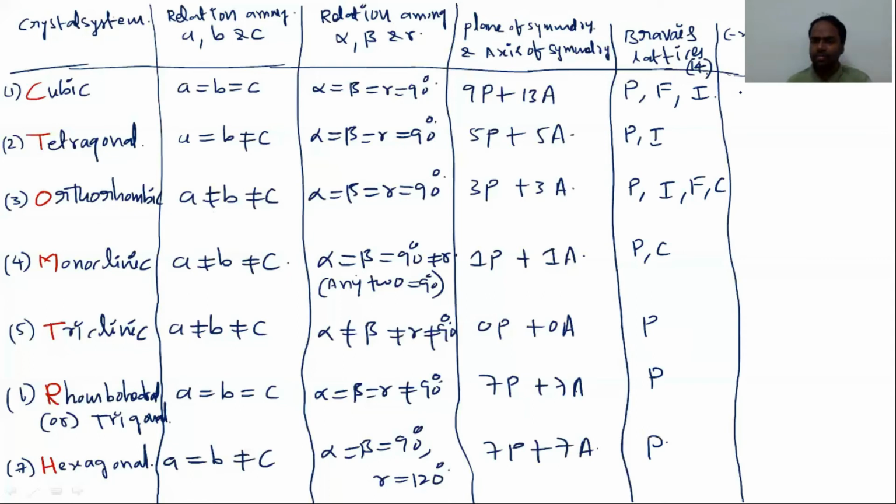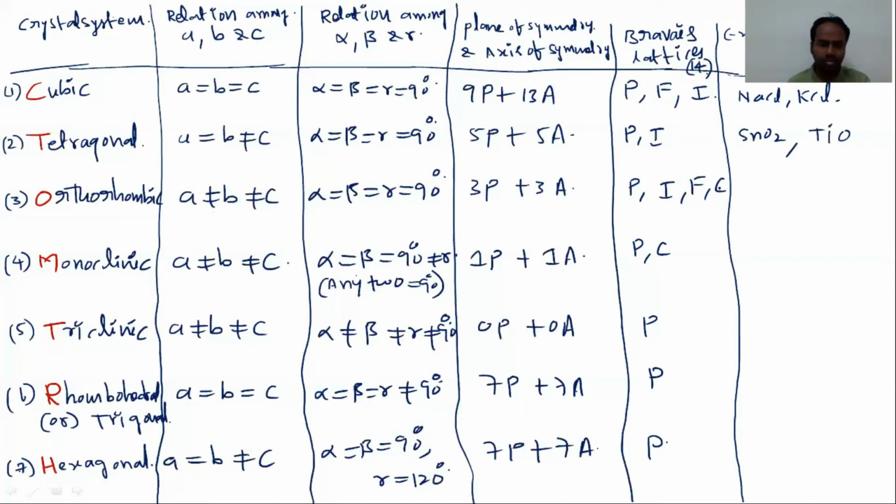Sometimes, rarely, they may ask questions from the examples also, so that's why you need to remember the examples. For a cubic crystal system, examples are most of the alkali halides like NaCl, KCl. For tetragonal, examples are stannic oxide, titanium dioxide.